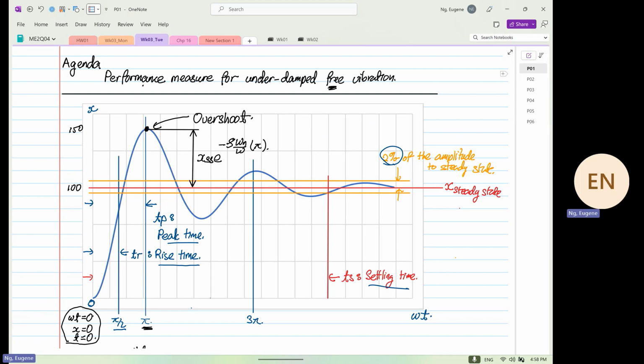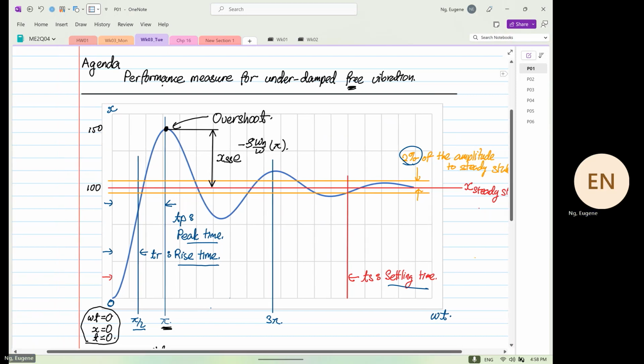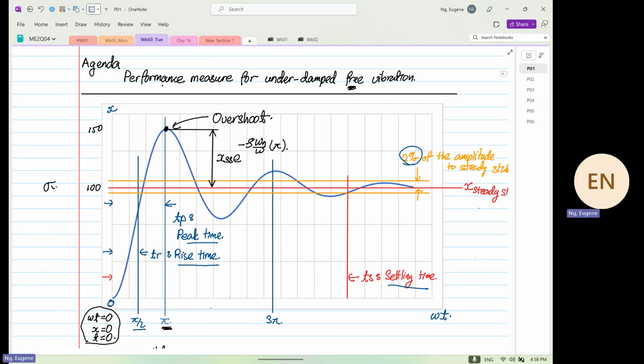I'll give you a very realistic example now. In terms of stress, for example, at this stage, at 100%, we are at your stress Y. Stress Y over here corresponds to our U stress.